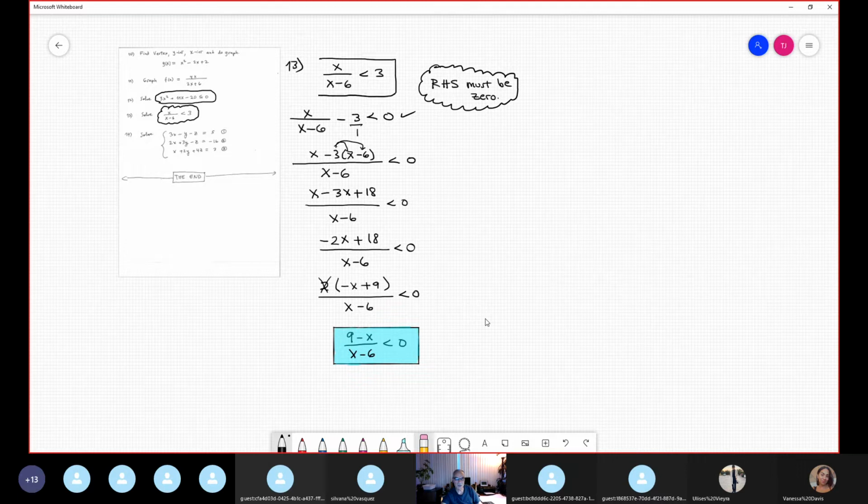What the hell? I don't understand anything. So what are the steps we're doing? Well, first of all, you move 3 to the left. Secondly, you condense the 2 fractions into only one using the least common denominator. Well, in the middle of the process, I need to factor the top part.